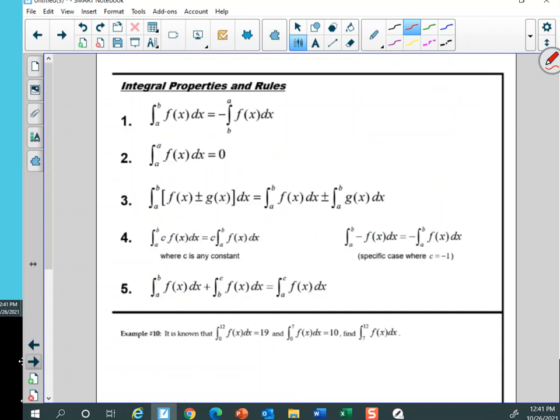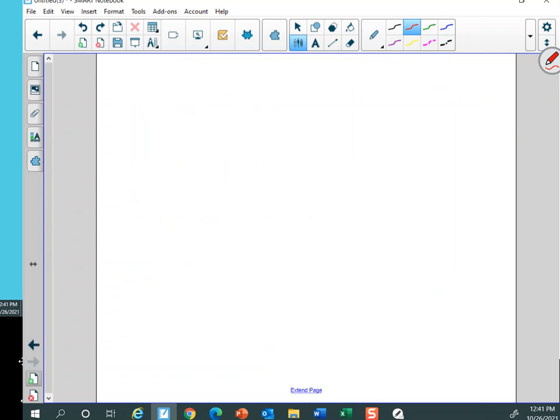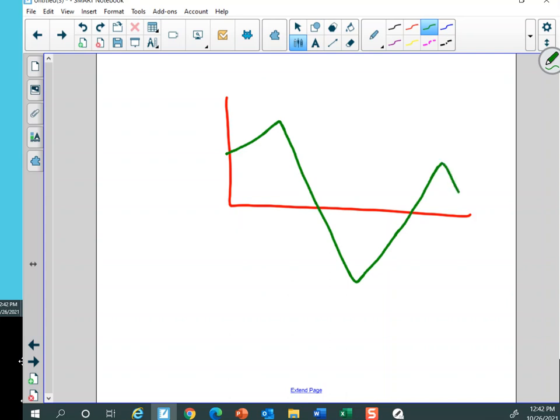When we're actually looking at a graph, let me throw another piece in here. Okay. Let's say I've got something like this, and we'll call this A, and this will be B. And we'll say this is 0, and this is 5.